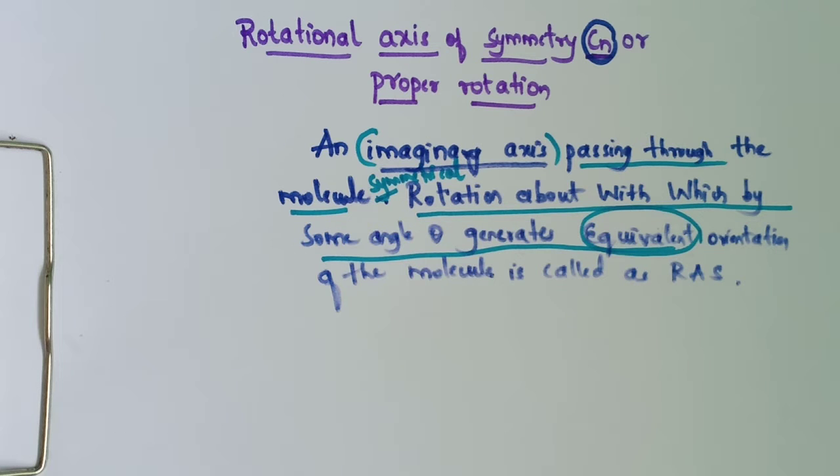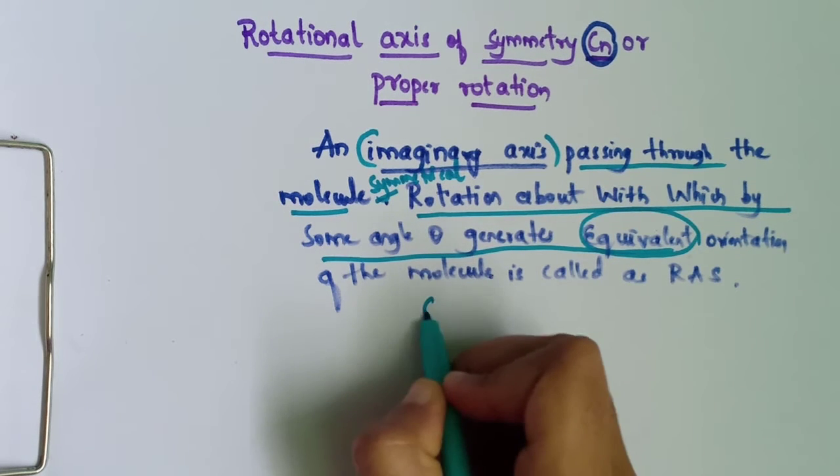By taking examples, we can understand it better. It is represented by the Cn axis.